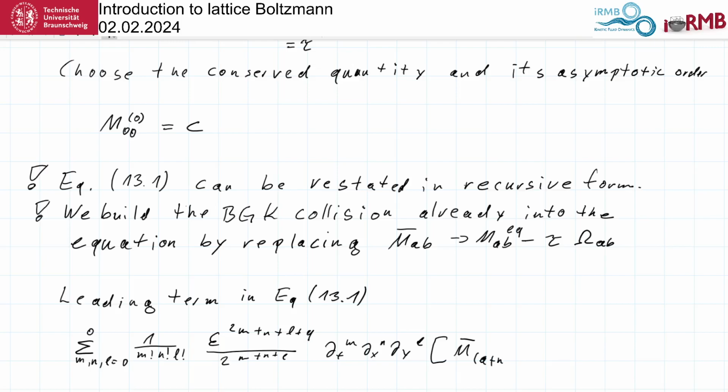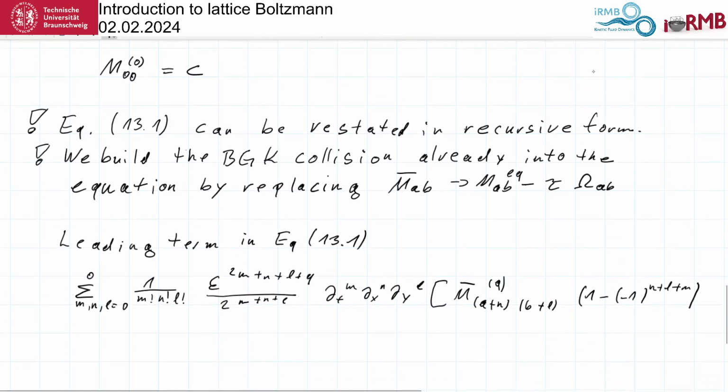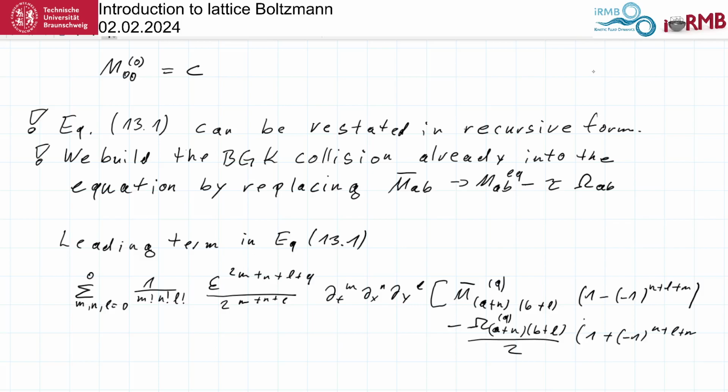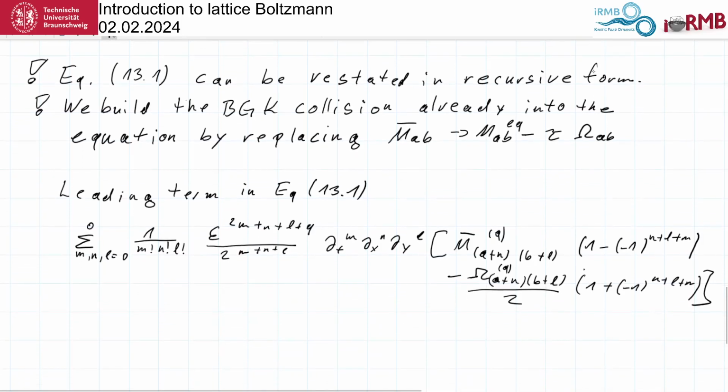M A N plus B L to the order Q, 1 minus 1 to the N plus L plus M, minus omega A plus N B plus L, this to the order Q, and this 1/2, and 1 plus minus 1 to the N plus L plus M. And if we evaluate this, because the sum is only going to 0, what we are going to have is minus omega AB to the order Q, epsilon Q. So this is the 0 part.